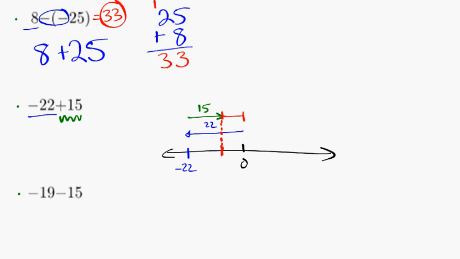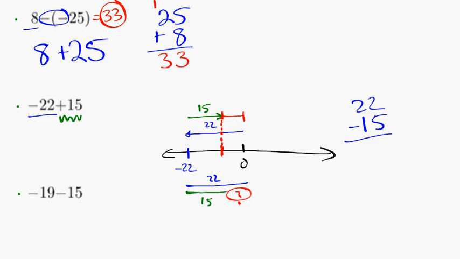So the total distance from 0 to negative 22 is 22. You're going back a length of 15. So the remaining part needs to add up to 22. So we can subtract to figure this out. Just take 22 and subtract 15, and then we know what this remaining distance is.